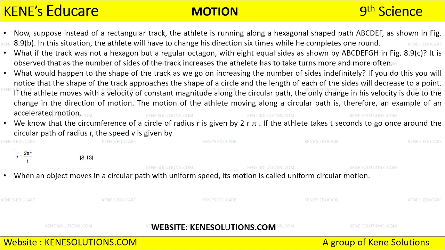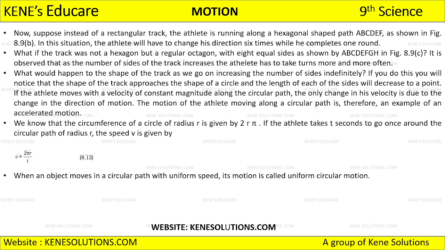If you do this, you will notice that the shape of the track approaches the shape of a circle, and the length of each of the sides will decrease. If the athlete moves with a velocity of constant magnitude along the circular path, the only change in his velocity is going to be because of the change in direction.